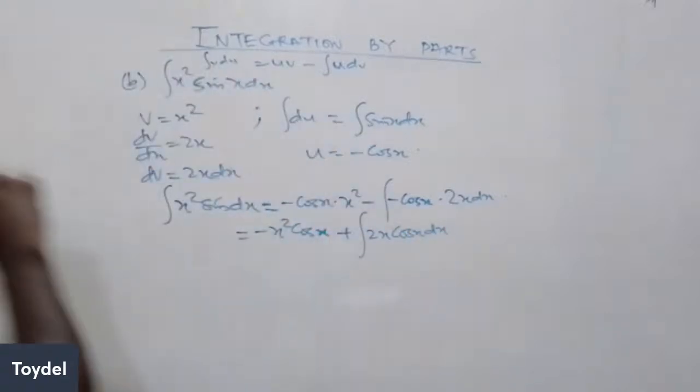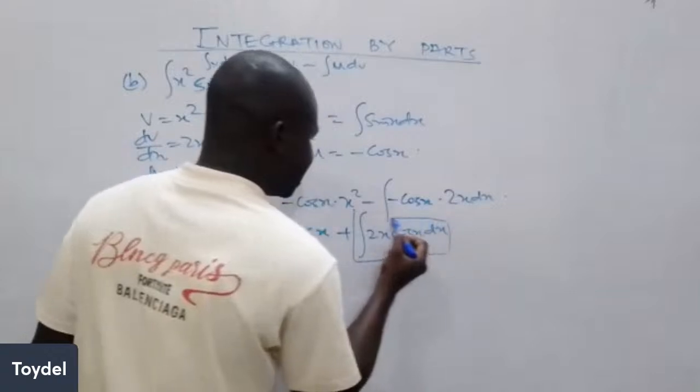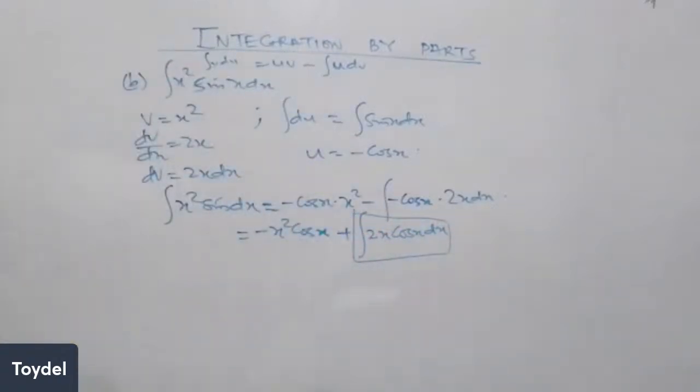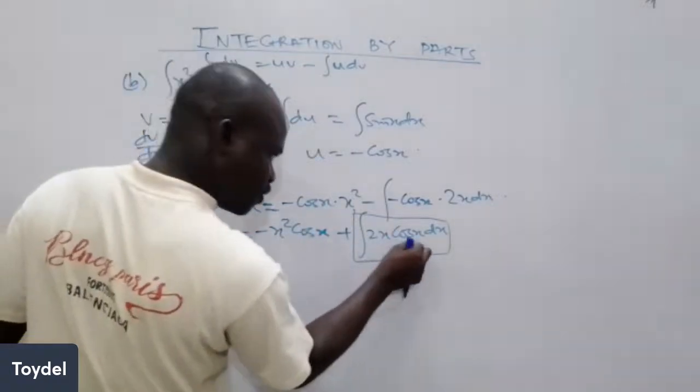Now if you check what you have here, it's still the product of 2x and cos x. So we go ahead again to apply the formula for us to be able to express this. This is still the product of 2x and cos x dx.